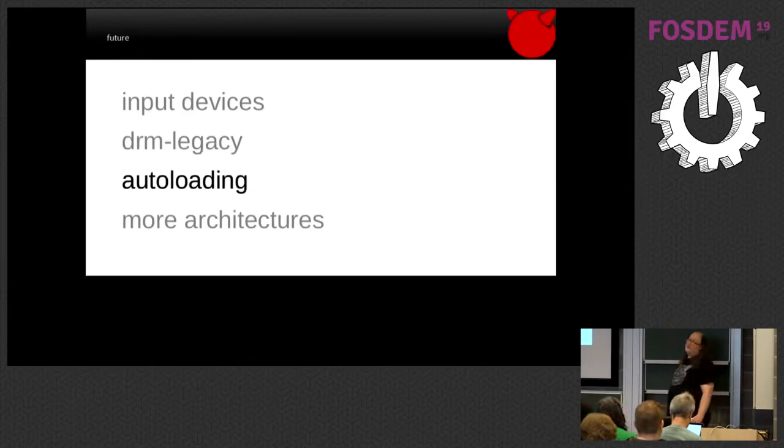The next thing that needs to happen is autoload. Today, you install the kernel driver, you need to load it. And this needs to happen automatically. It does sometimes, it's not always. And previously the DDX drivers I talked about earlier did the loading of the kernel module.